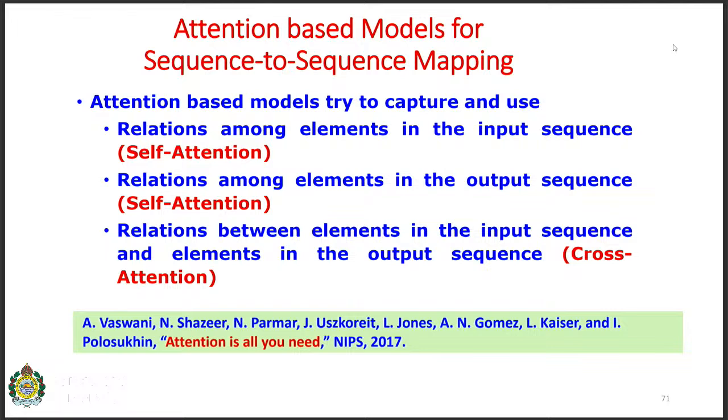One captures the relations among the elements in the input sequence, and that's self-attention. Another captures the relations among the elements in the output sequence. That's also self-attention. The third one is cross-attention, where we take the elements in the input sequence and the elements in the output sequence, and capture the relations across the elements in the two sequences. That's what is called cross-attention.